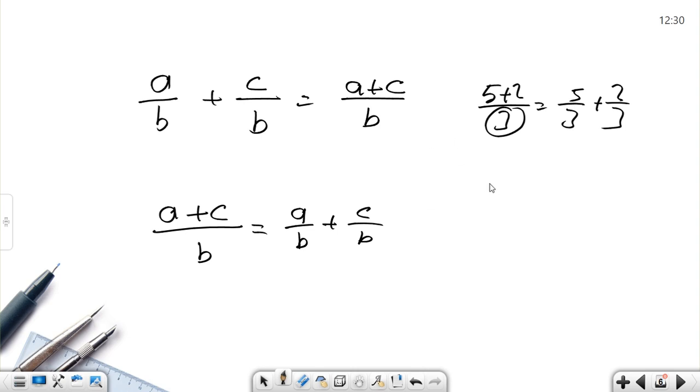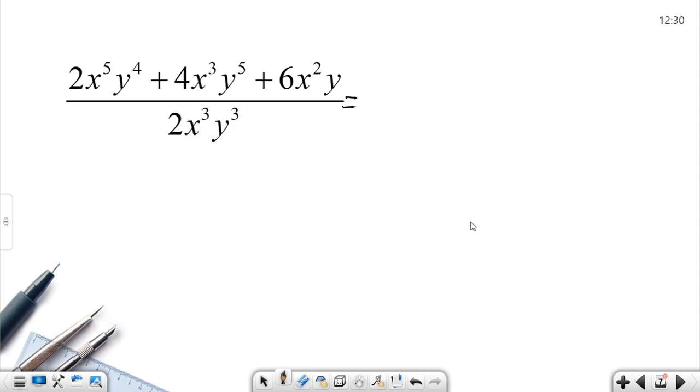I will use this simple fraction rule to calculate this division, or this divide expression by a term. I will use this rule. How can I use it? I will use the first term. You don't need to write all the time. Of course, you can do it mentally.